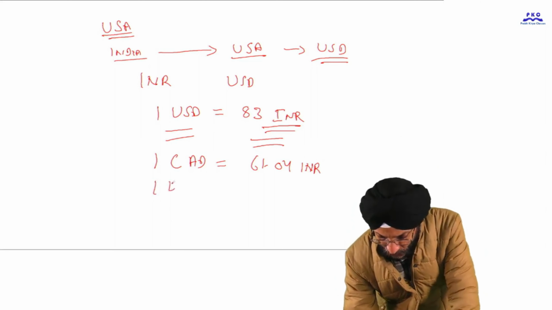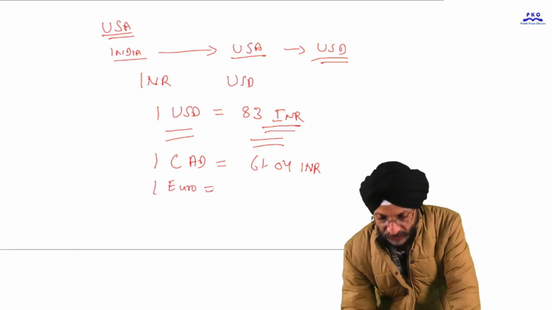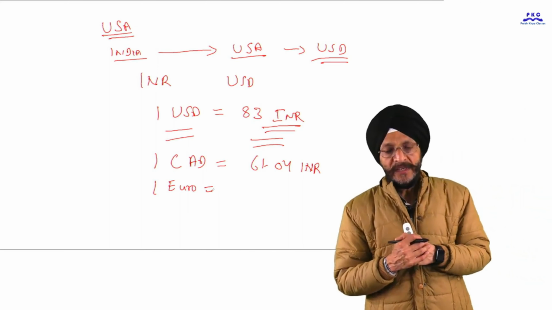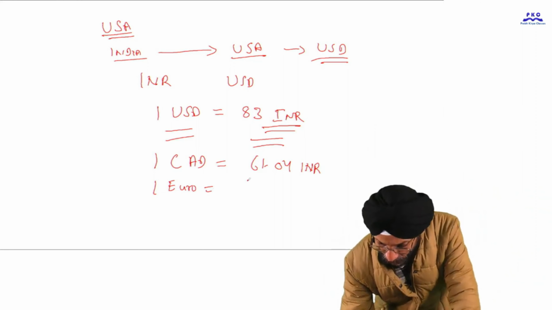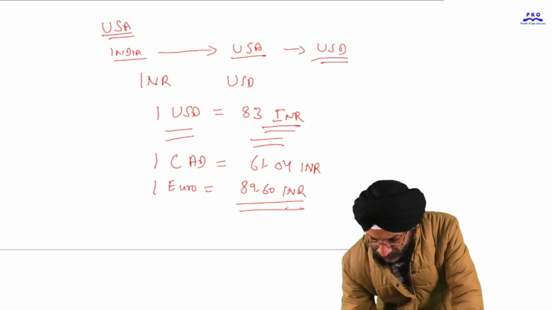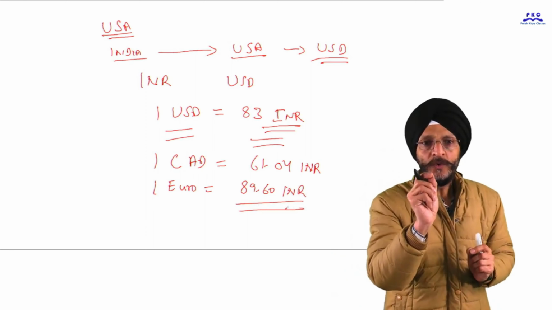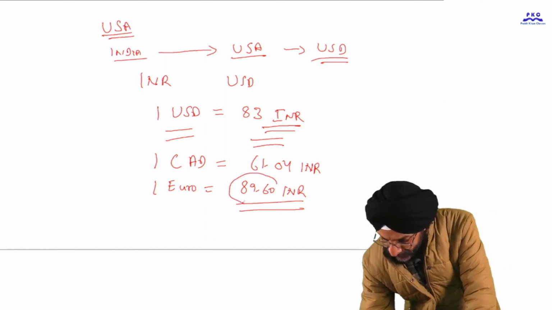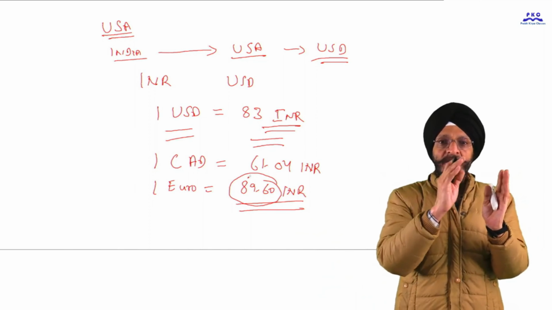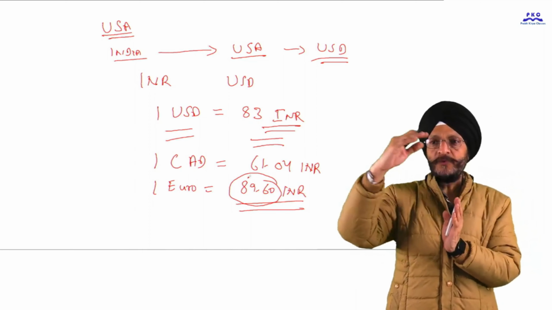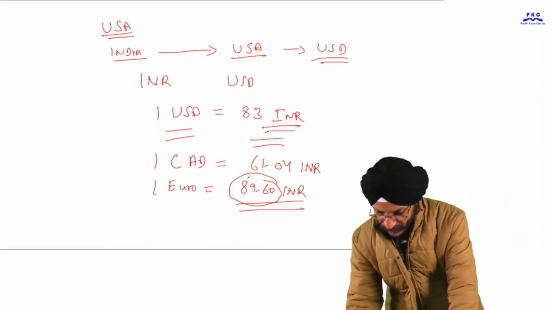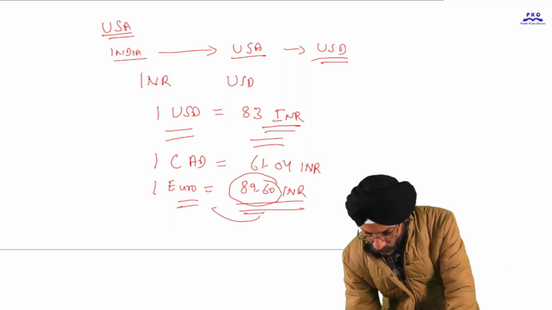If we are to visit some European countries where euro is the legal tender, then to purchase 1 euro, we will have to pay 89.60 Indian rupee. This is the exchange rate. That is, when we are to exchange one currency for another, this is the exchange rate, the price of one currency in relation to another currency.